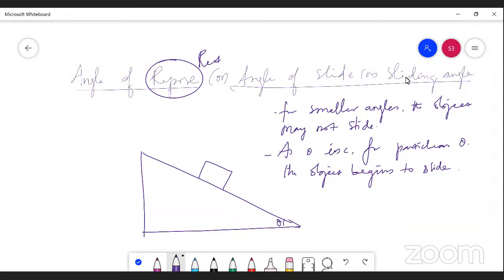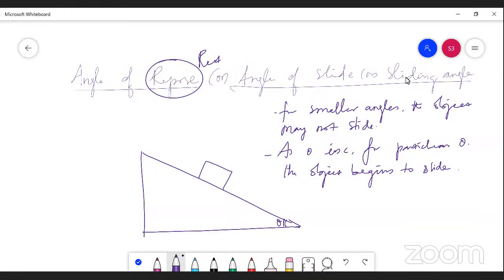So, the angle of inclination for which the object begins to slide down is called the angle of repose.